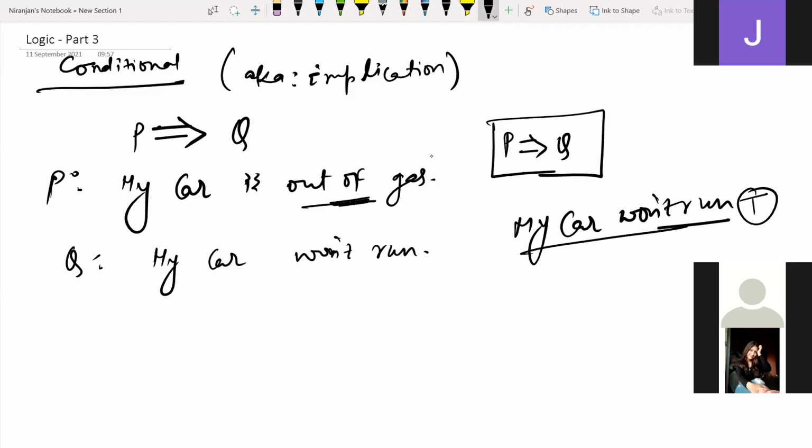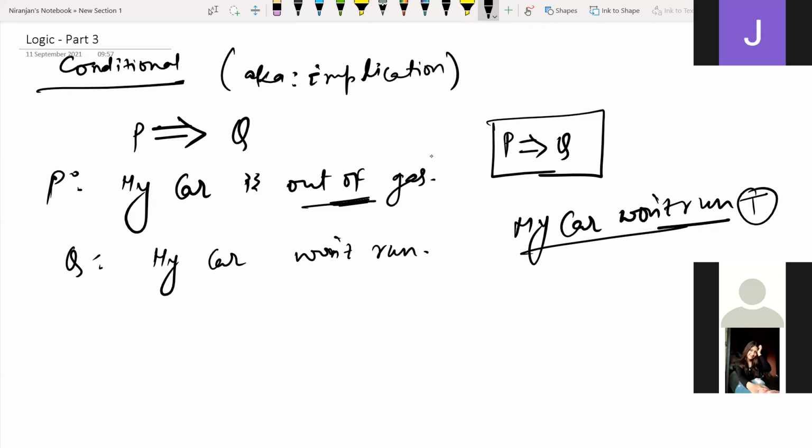It's not. Maybe my car has a hole in the engine, or maybe my car has an issue with wiring. It could be anything, right?